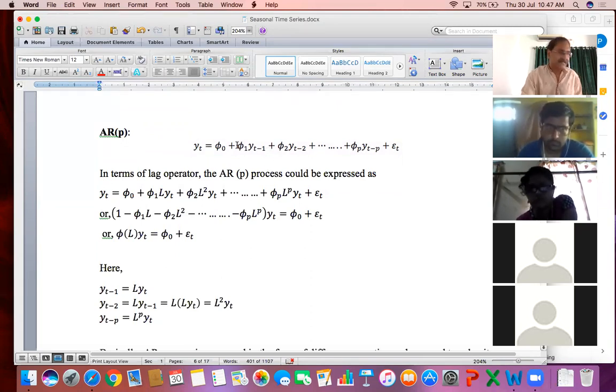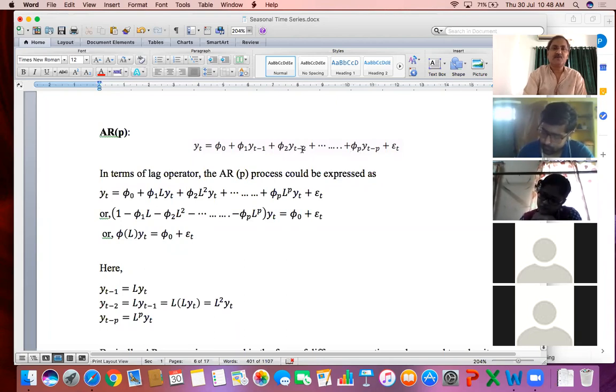Now for analytical purposes, we can simplify the expression of this process. If we look at this equation, it is simply a difference equation with a stochastic element epsilon t. So an autoregressive process is specified mathematically as a difference equation with a stochastic element epsilon t. We can solve this difference equation.